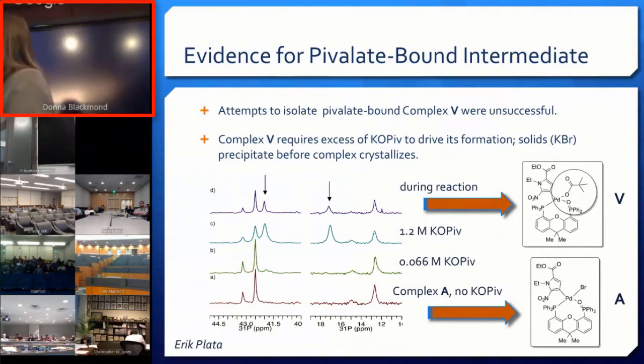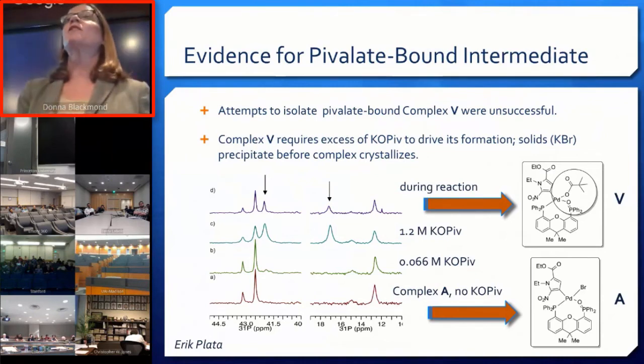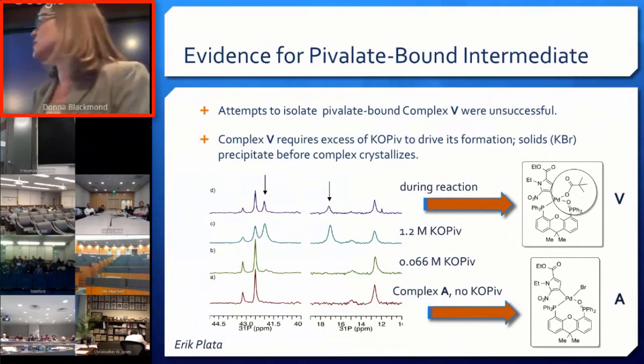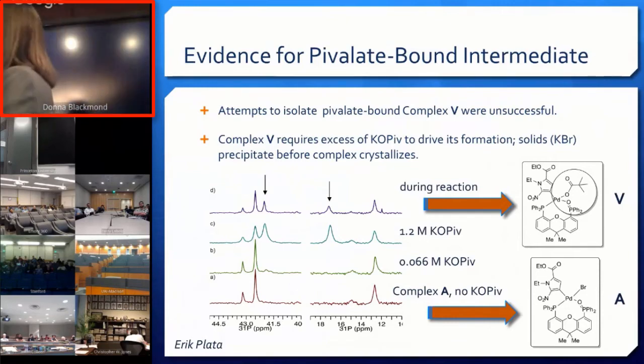So we were not successful, but at least the spectroscopy going from the bottom to the top is adding pivalate to that complex A. And then when you compare that with what's happening during the reaction, it's clear that the species that forms when we add pivalate to complex A is also in the reaction, under reaction conditions. So we postulated that this complex 5V is where the resting state is, or it's just before we add the imidazole 2 to the catalyst.